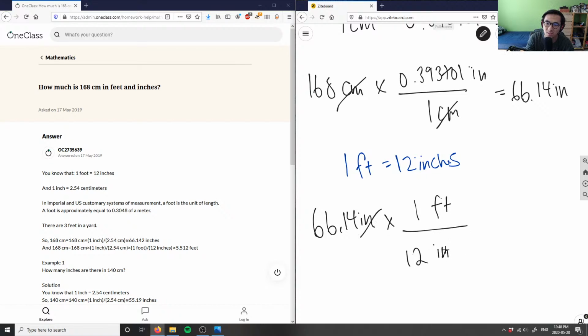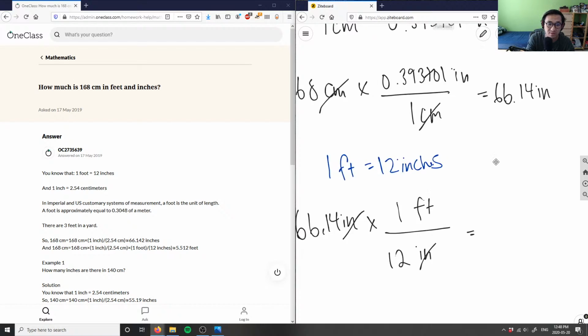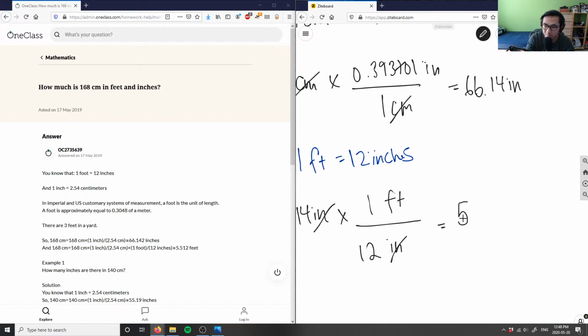So these inches again cancel out. I get 66.14 times 1 over 12, or I can say 66.14 divided by 12 here, which is going to equal 5.51 feet.